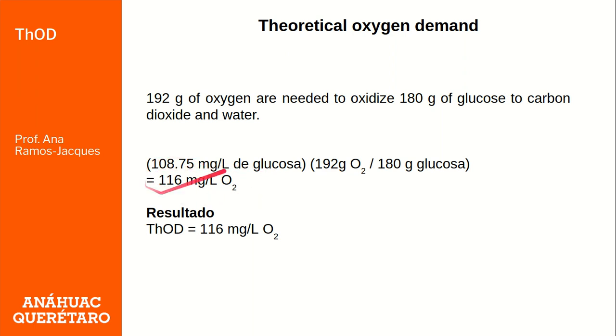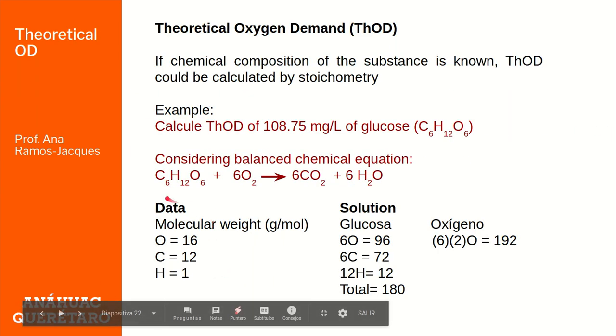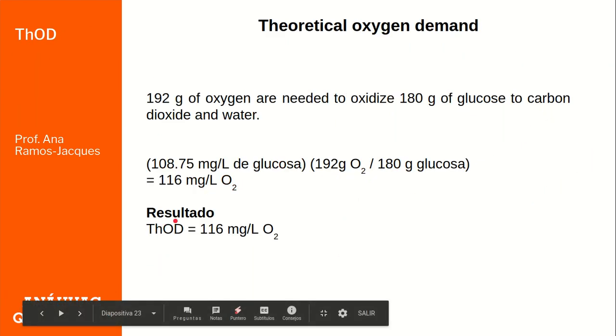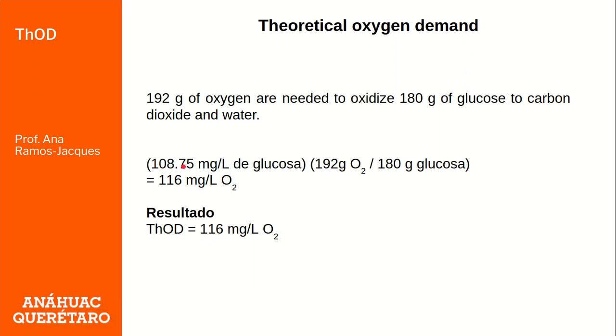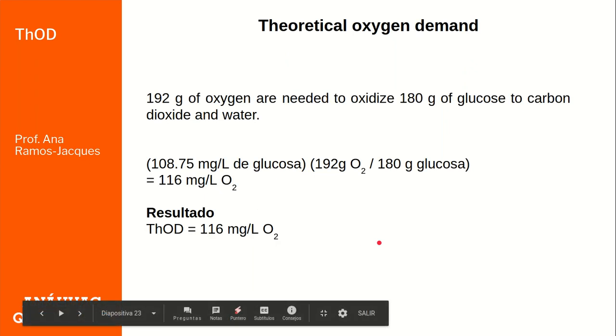So we converted the glucose in oxygen using stoichiometry from the balanced chemical equation. Then the result of the theoretical oxygen demand for this specific 108.75 milligrams of glucose will be 160 milligrams per liter of oxygen.